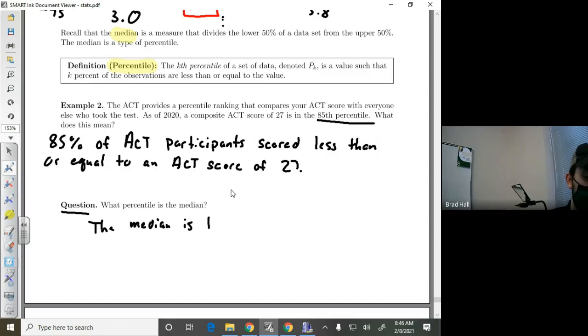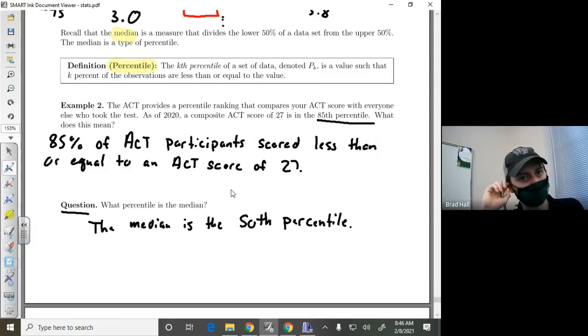Median is the 50th percentile because it separates the lower 50% from the upper 50%. But also, if you score the median value, that means you scored higher than 50% of data, whatever the data may represent. So the median is the 50th percentile.